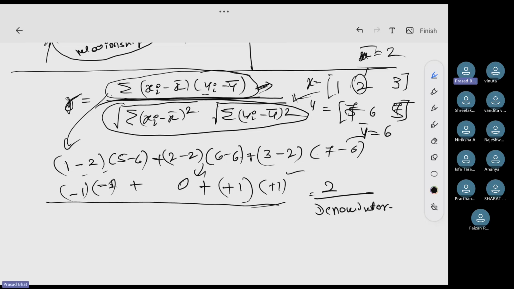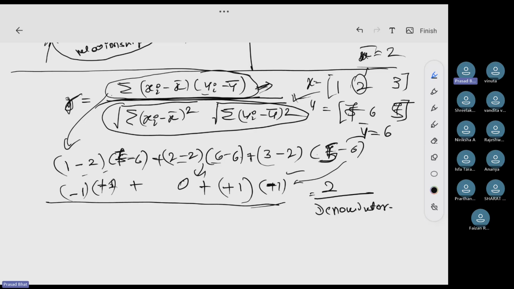Here 1 minus 2 is fine, but this one is 7 minus 6. These two remain the same. Here 3 minus 2 is also correct, but this one is 5 minus 6. Then this one becomes plus, and this part becomes minus.